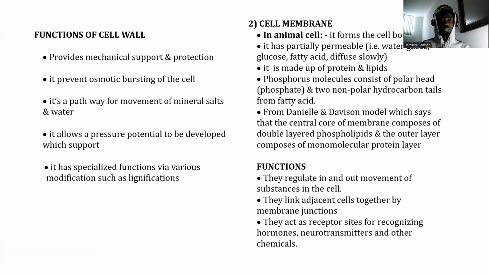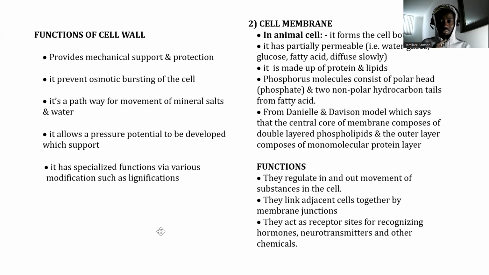Now the functions of the cell wall, which we have here. One, it provides mechanical support and protection. I think I've talked about that earlier also. There will be mechanical support and protection of the whole plant. It helps to regulate osmotic pressure and minerals inside the plant, so it will not absorb too much water.